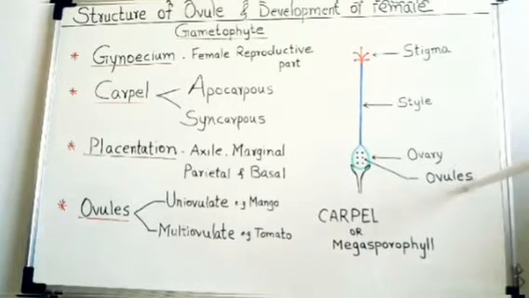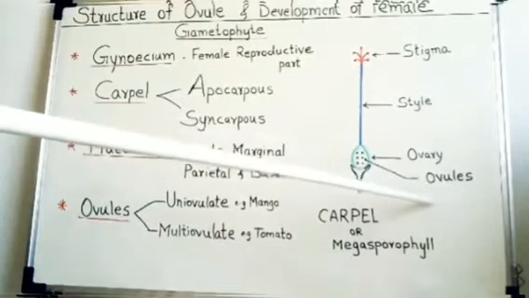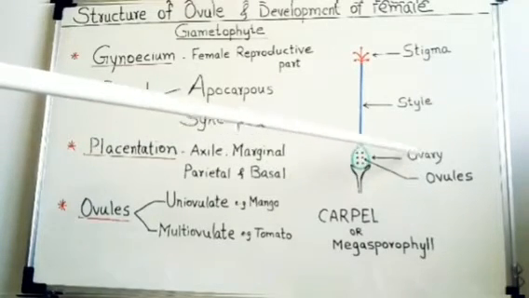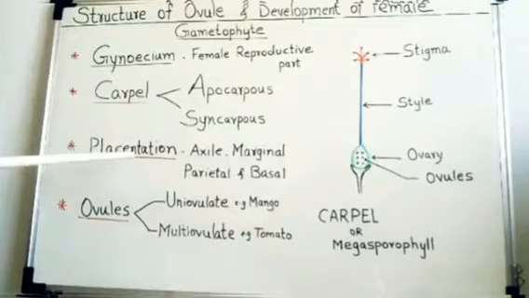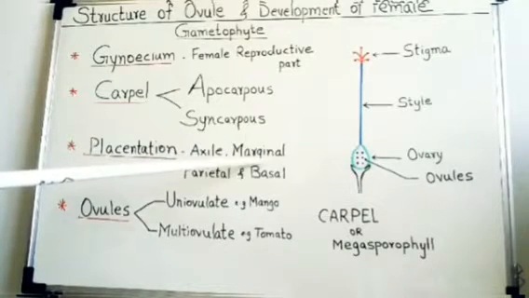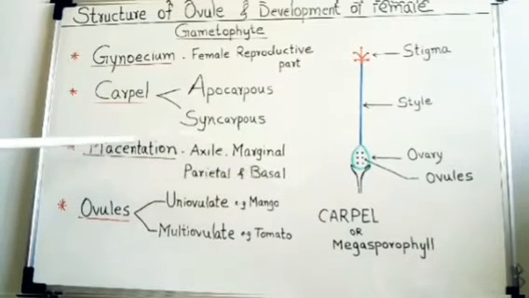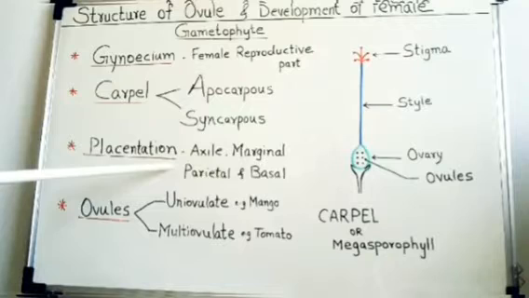The arrangement of ovules inside the ovary is called placentation. What is placentation? Placentation can be defined as arrangement of ovules inside the ovary. There are four types of placentation, that is axial placentation, marginal placentation, parietal and basal placentation. All these we have studied in 11th standard itself.